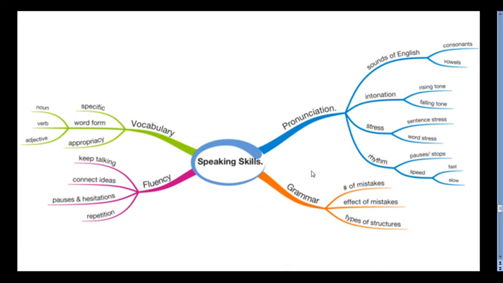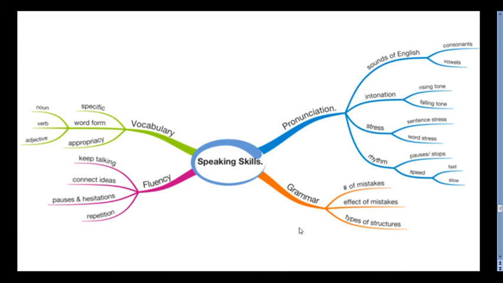The third sub skill of a speaking skill is nothing but grammar. And grammar is very important in any language, be it English or any other language. And mostly students are very much dreaded with this word. Grammar matters, and we should make fewer mistakes as much as possible.